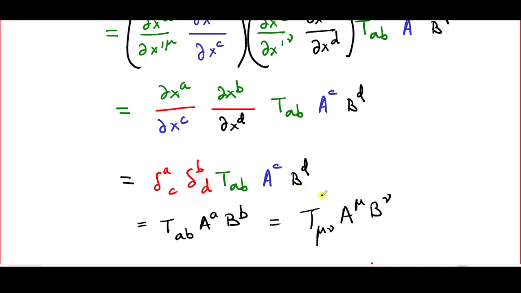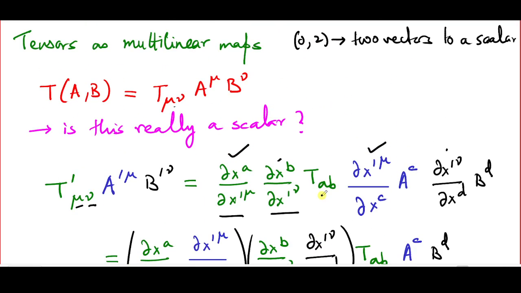This is exactly the same as what you get after the transformation. So under a coordinate transformation, this quantity T_{μν} A^μ B^ν, which T maps A and B to, is a scalar. So this tensor as a multilinear map which maps two vectors to a scalar, that's borne out by this calculation.